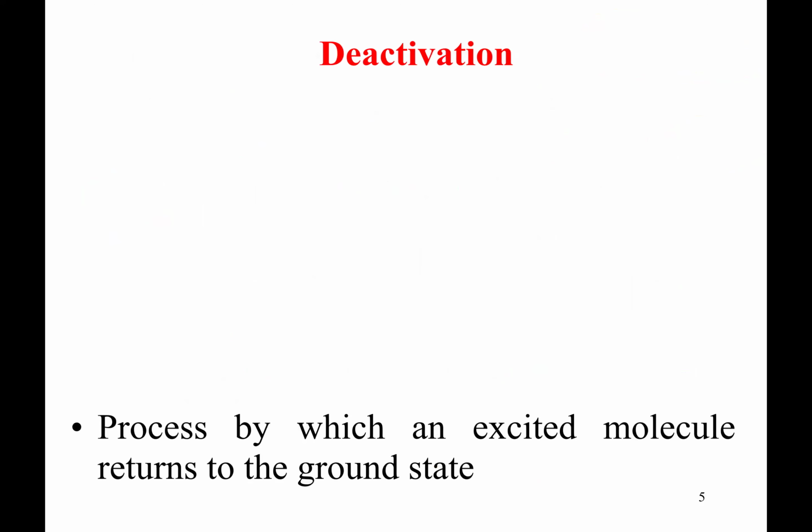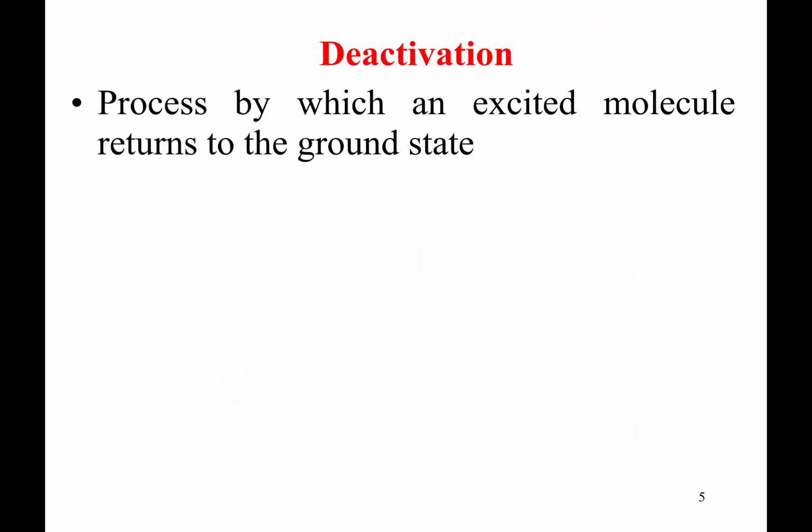Okay, now what I'm going to do next is just go step by step in case we missed anything from our previous lecture on the Jablonski diagram. First, there are processes through which this occurs, and we have deactivation processes.